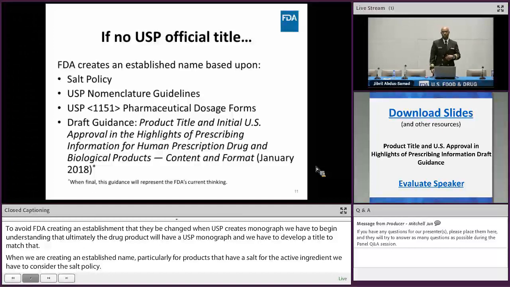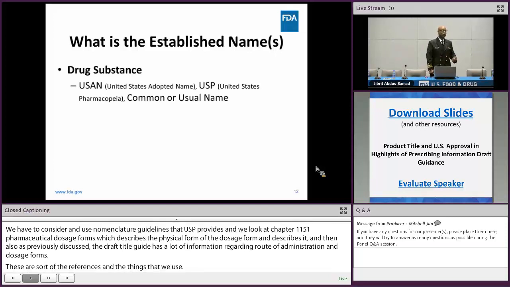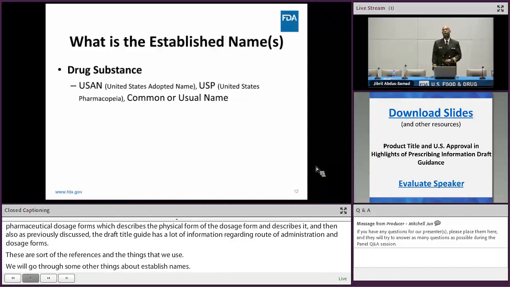So we'll go through some other things about the established name. What is the established name? Drug substances have established names. We can look to USAN, the United States Adopted Name Council, in providing established names for drug substances. Also, USP has monographs for drug substances as well.